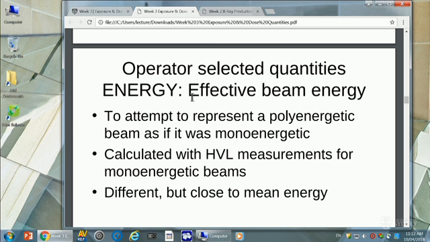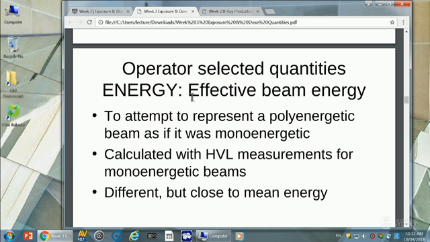I talk about the average being about a third of your kVp. That's just a very rough rule of thumb. So if you X-ray someone with 70 kVp, most of those X-rays are going to have around 25 or 30 keV.